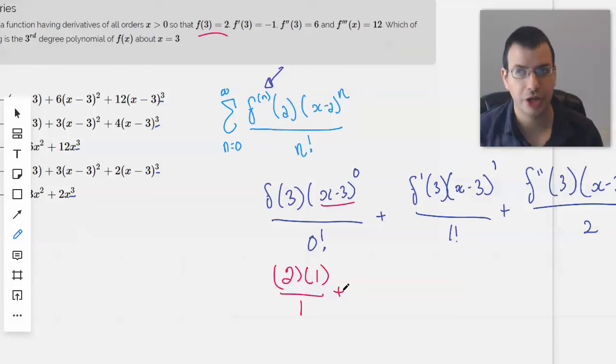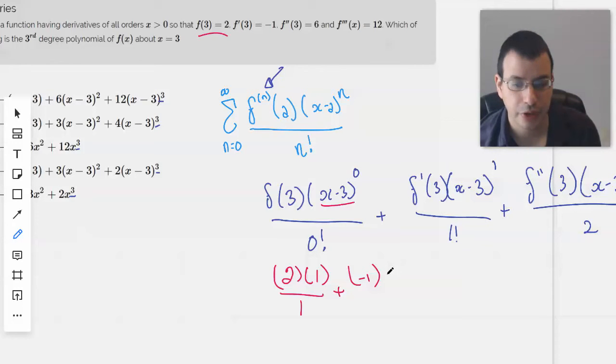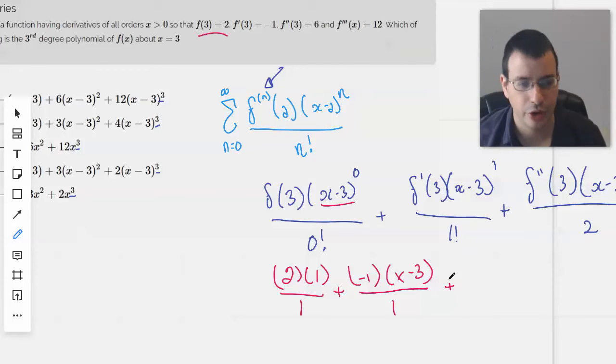There's no real logical reason for that, other than it works well. Then x minus 3 to the first, divided by 1 factorial, which is 1, and f prime of 3 equals negative 1.